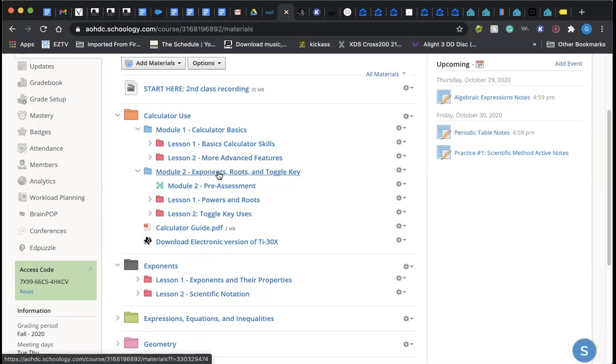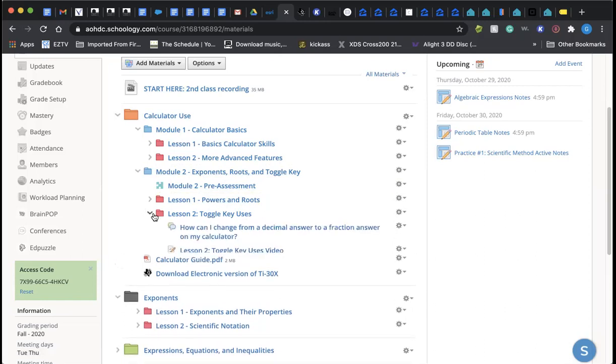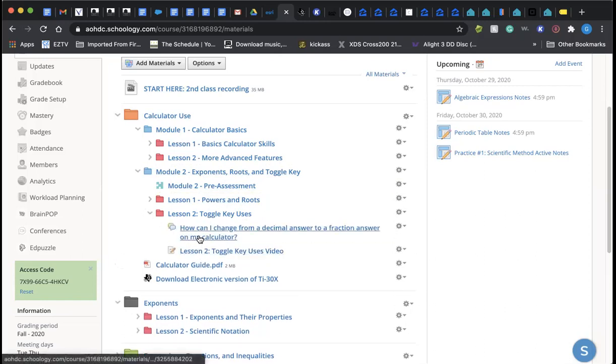If you're able to use your calculator to put in exponents and square roots, that's going to help you a lot. And then there's the toggle key function, which turns decimals into fractions and fractions into decimals just by pressing it.